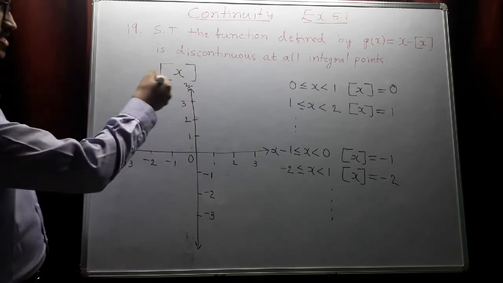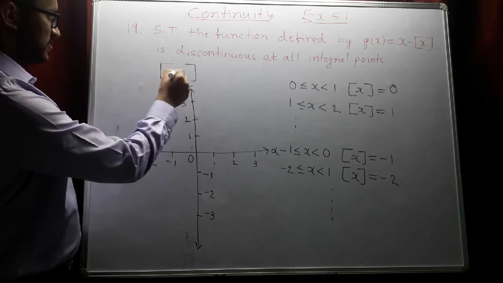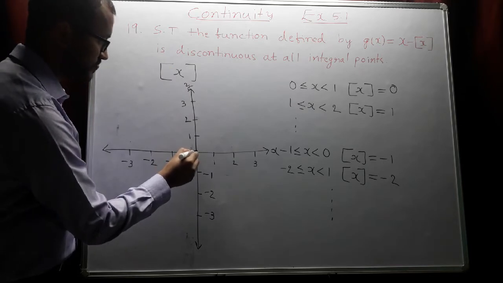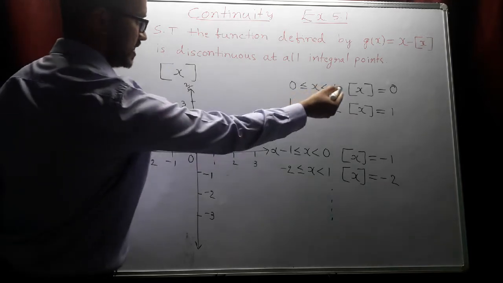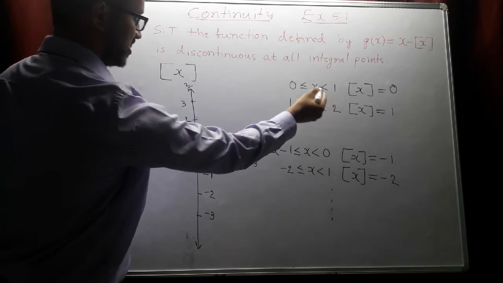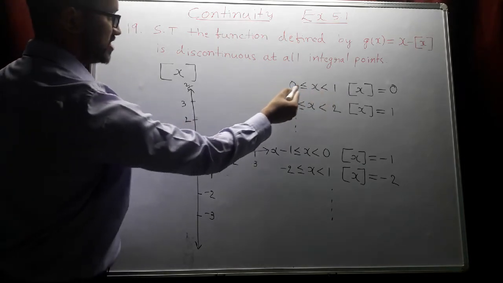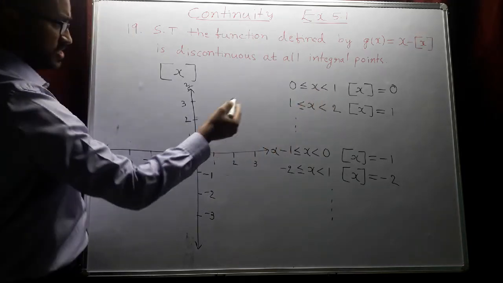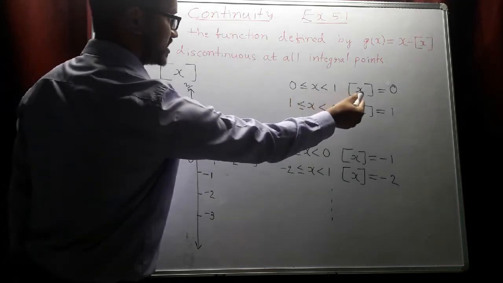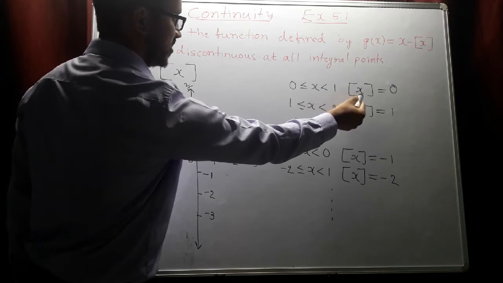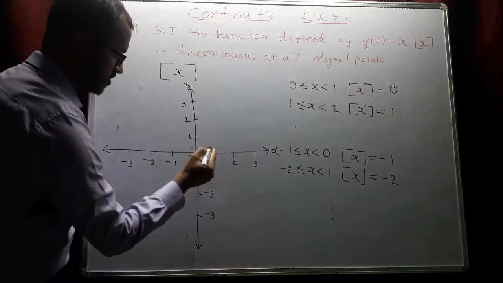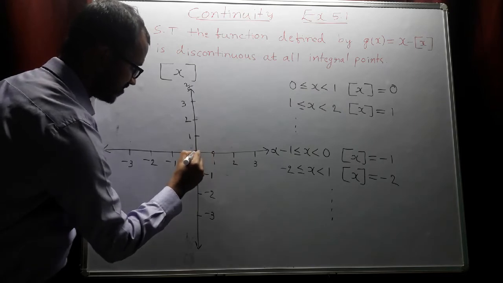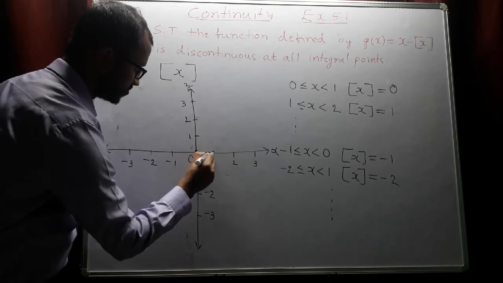At the point 0, the greatest integer less than or equal to 0 will be 0. From here we can conclude that if you take any value from 0 to 1 excluding 1, the value of the greatest integer less than or equal to x will be 0. So excluding 1, the value of the function will be 0.